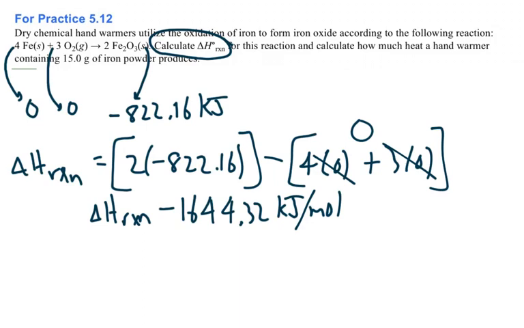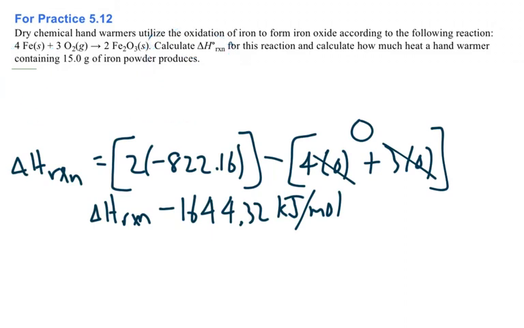They also want you to do this. We have a reaction, and they want to know how much heat a hand warmer containing 15 grams of iron powder would produce. So the focus here, and I'm going to erase these numbers, we don't need this right now. The focus now is going to be on Fe, on iron.